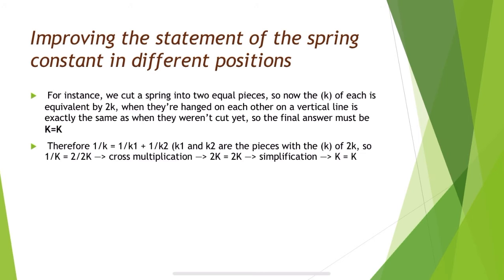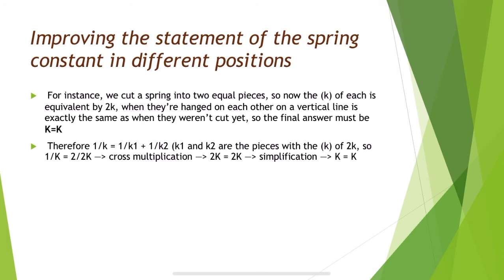Therefore, based on the information given to us, and also the formula 1 over K equivalent to 1 over K1 plus 1 over K2, and not so on, because there are two pieces being used in this investigation. K1 and K2 are the pieces with the spring constant of 2K. So let's put the information that we know in the formula.